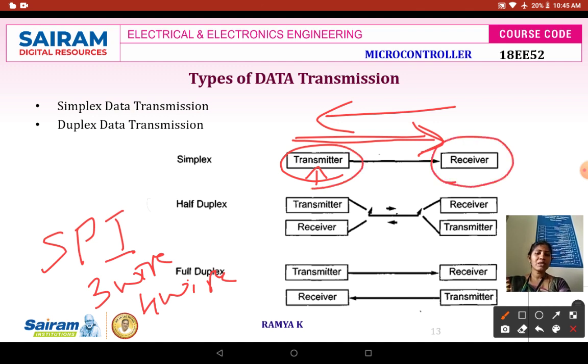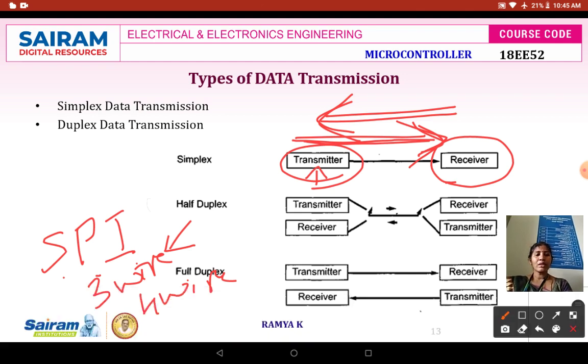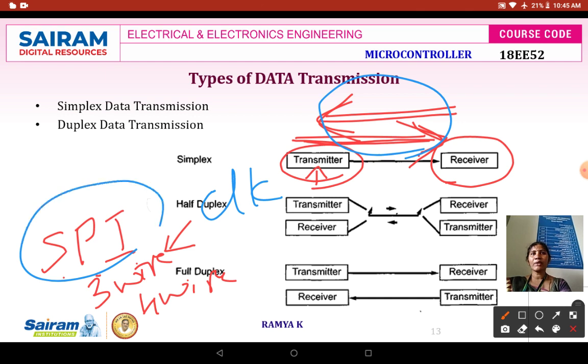So in case of the serial peripheral interface 3-wire system, you will have 3 wires. Of these, 2 wires are meant for transmitting the data, that is, one to transmit data from your transmitting end to your receiving end, and the other from your receiving end to your transmitting end. Once the 2 wires are over, the third wire is meant for the clock pulse. So serial peripheral interface could either be a 3-wire protocol or a 4-wire protocol.